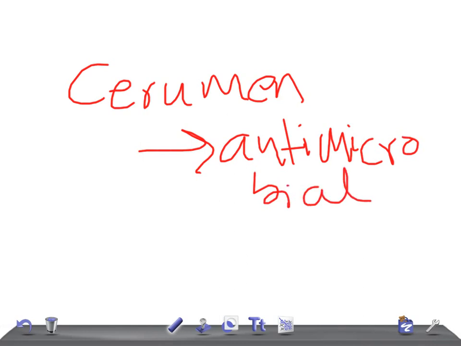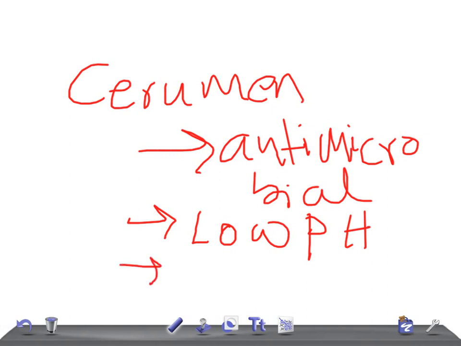Look at the beauty of God. He has given us glands that secrete cerumen, and that acts as an antimicrobial agent, with a low pH. Remember, with a low pH, and it also contains enzymes like lysozymes.